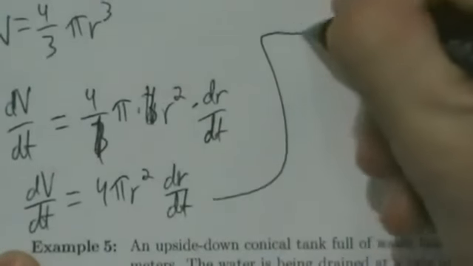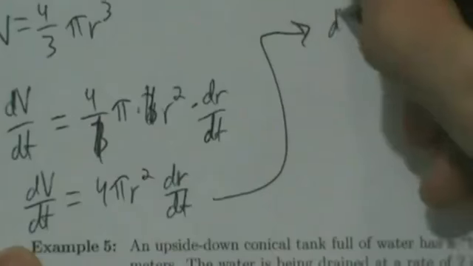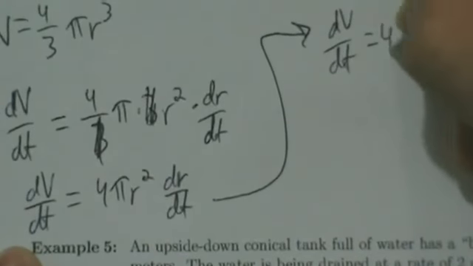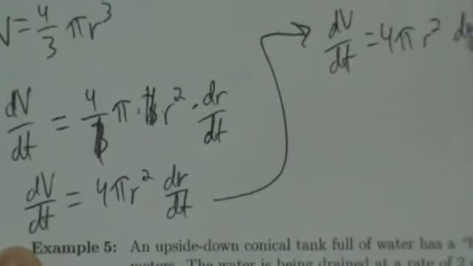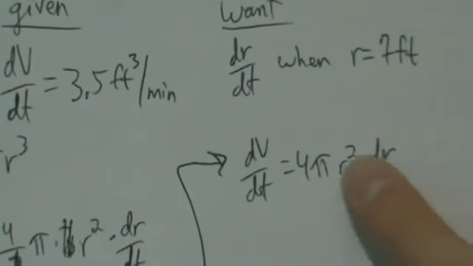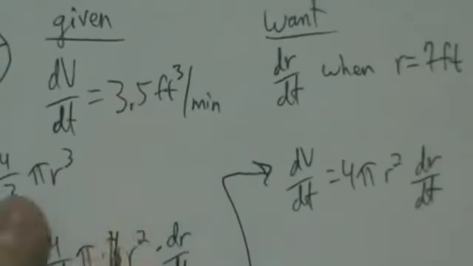So let's come up here where there's more room. dV/dt equals 4 pi r squared dr/dt. All right. So we want dr/dt when r equals 7, and we know dV/dt is always 3.5.